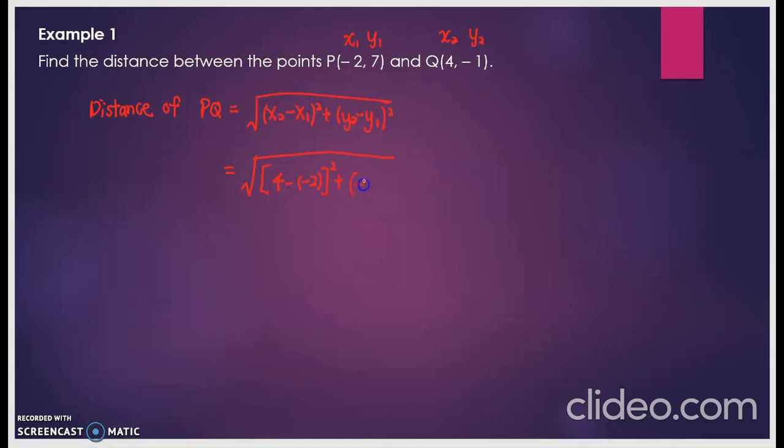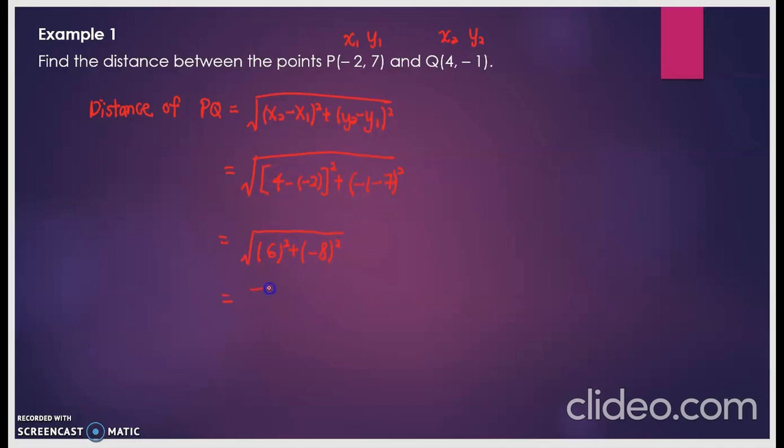So negative 1 minus y1, which is 7, so minus 7 squared. From here, square root of 4 minus negative 2. Negative will become positive, so here will be 6 squared plus negative 1 minus 7, so here is negative 8 squared.